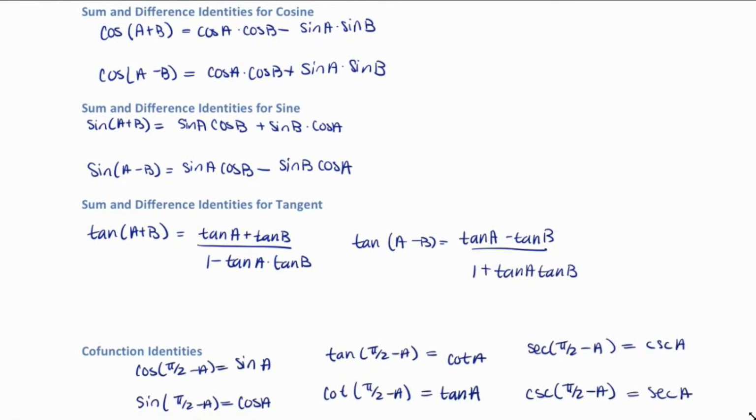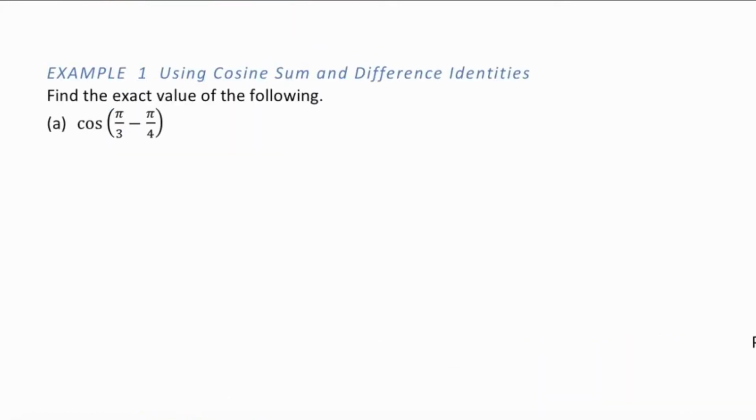Let's look at example 1. Example 1, using cosine, sum, and difference identities. Find the exact value of the following: cosine of pi over 3 minus pi over 4.